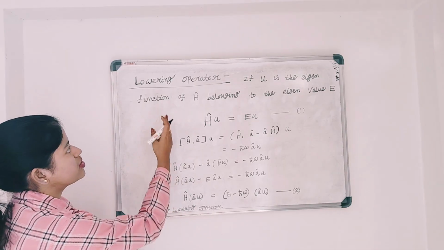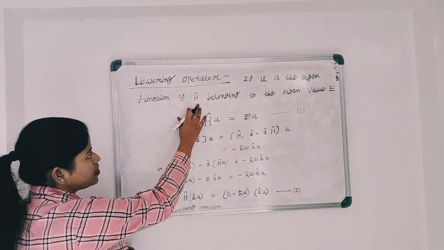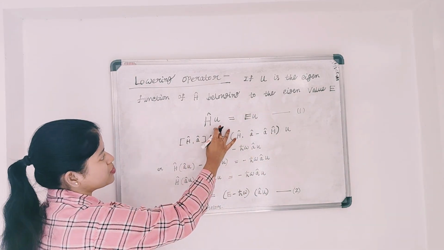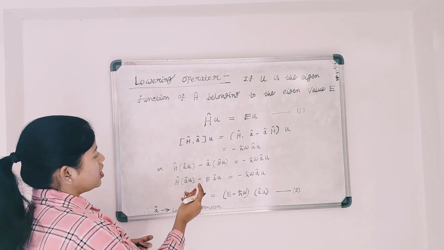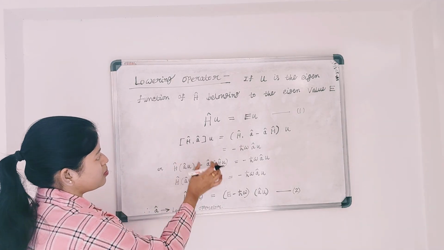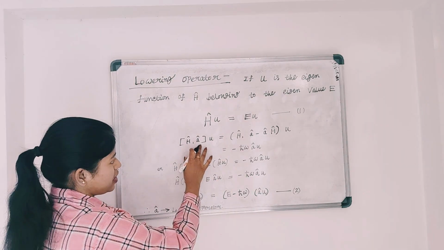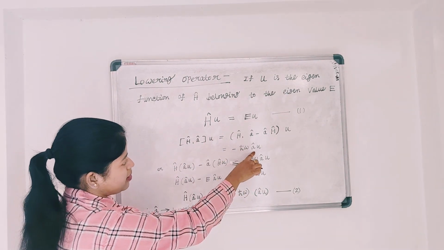Now we're going to talk about the lowering operator. If u is the eigenfunction of h cap belonging to the eigenvalue e, we can write h cap u is equal to e u as our eigenvalue equation. Similarly, if we consider the commutation relation of h cap and a cap, we know that the commutator of h cap and a cap acting on u will give minus h cut omega a cap u.